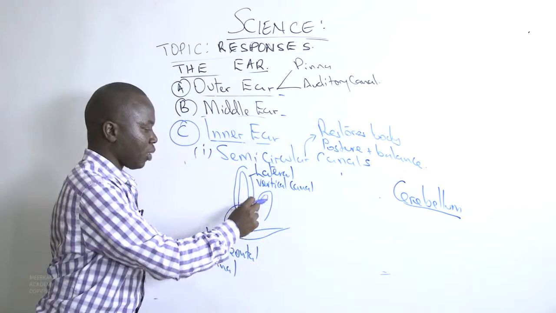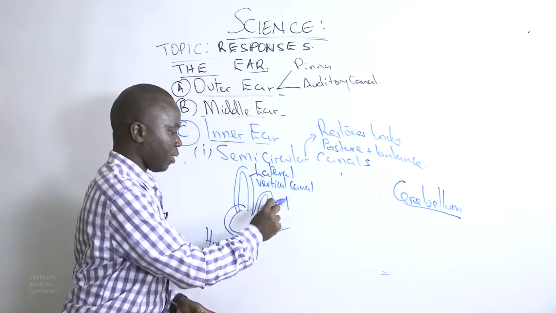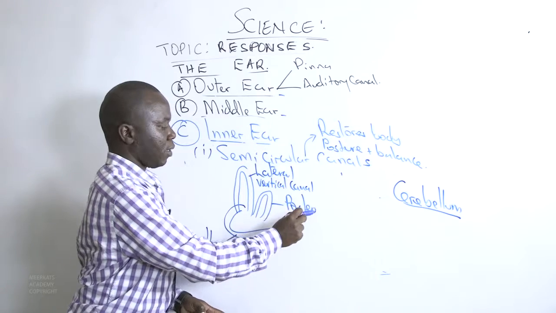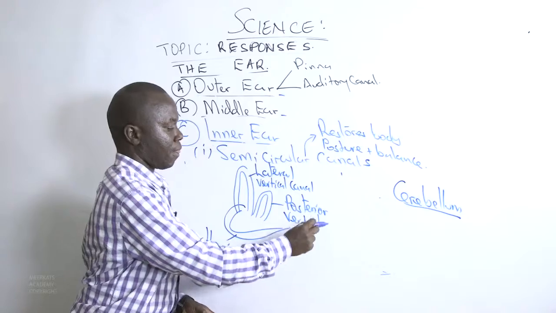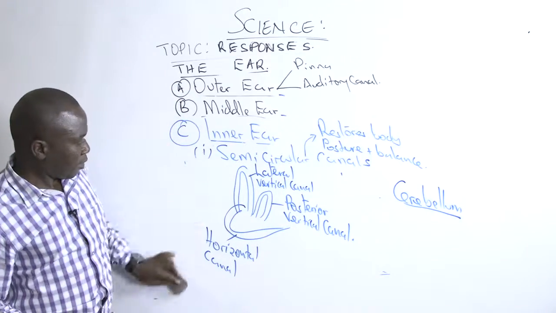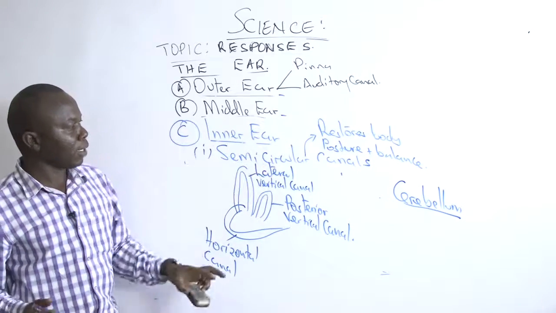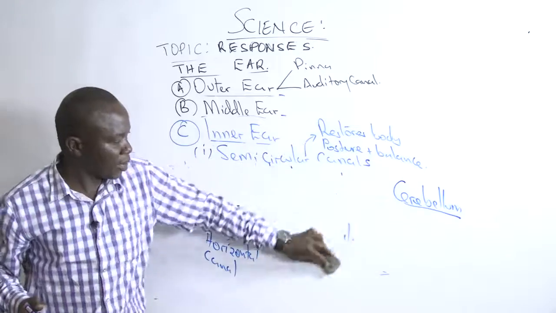We have mentioned another one, the posterior vertical canal. So that is how semicircular canals bring about body balance and posture.